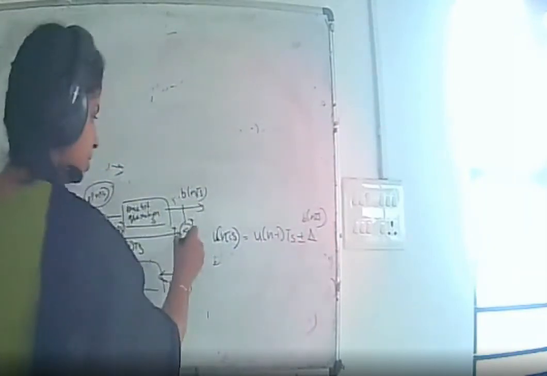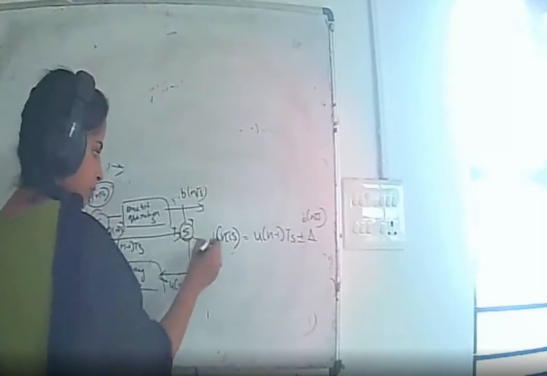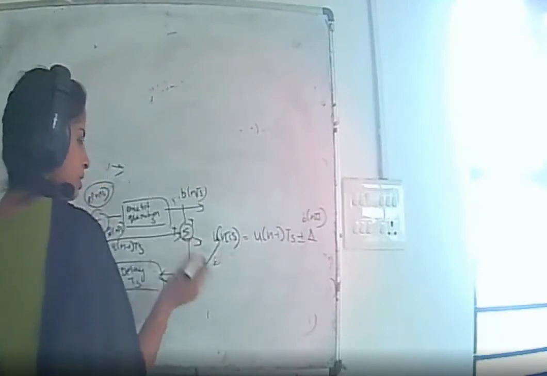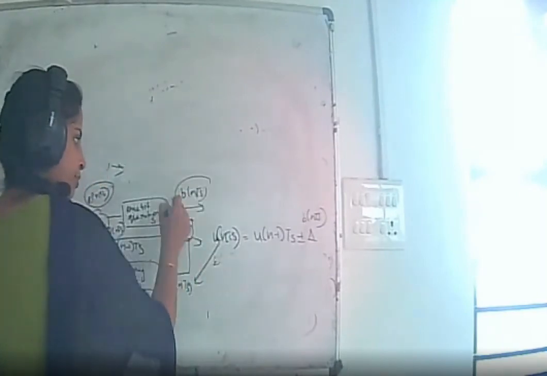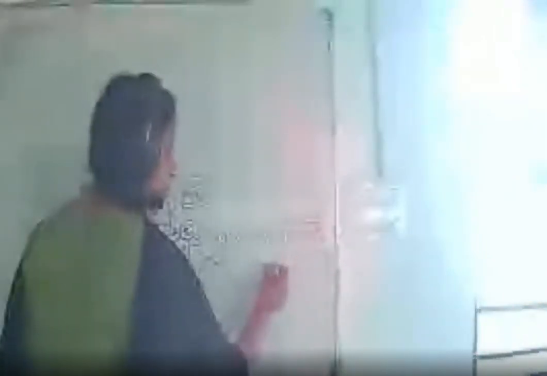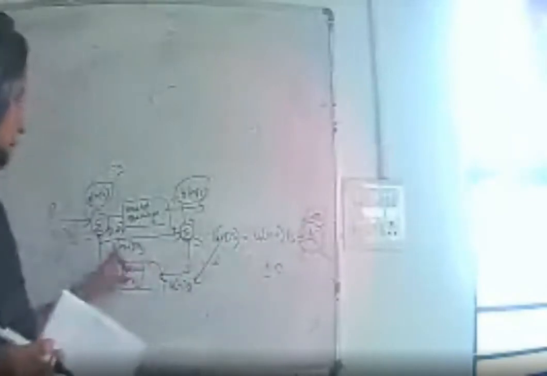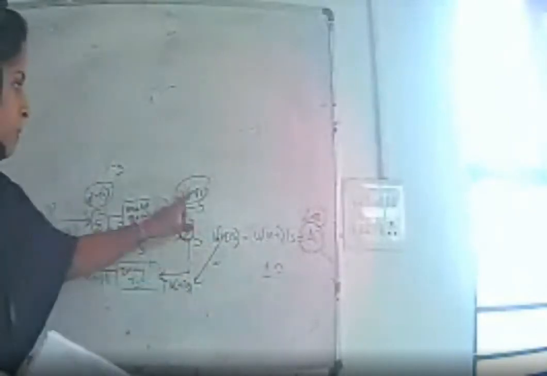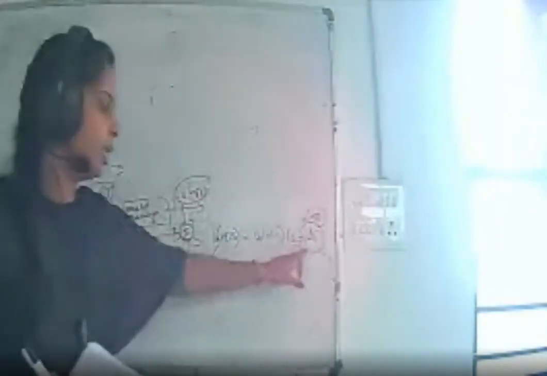This is a summer whose output is u of nTs. u of nTs is nothing but b of nTs plus u of (n minus 1) Ts, where b of nTs takes either plus delta or minus delta. So u of nTs is u of (n minus 1) Ts plus or minus delta.